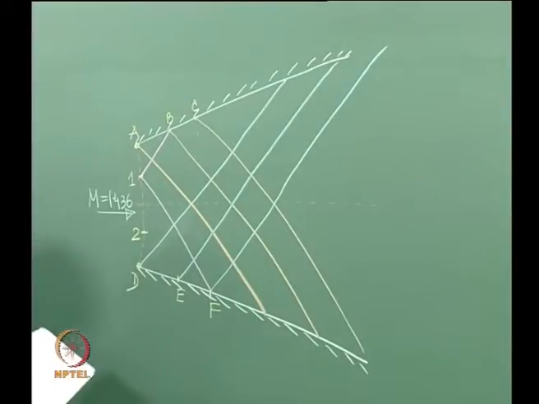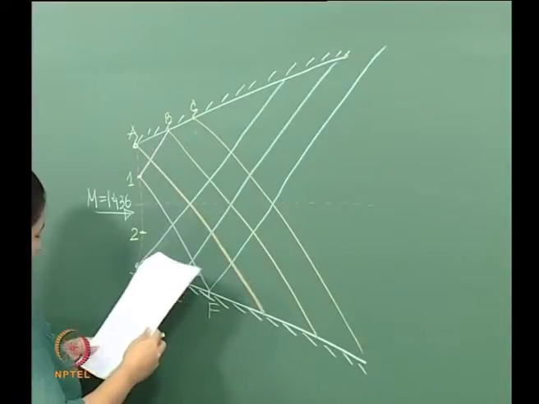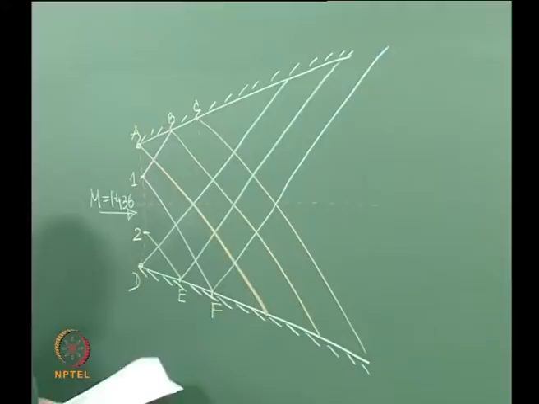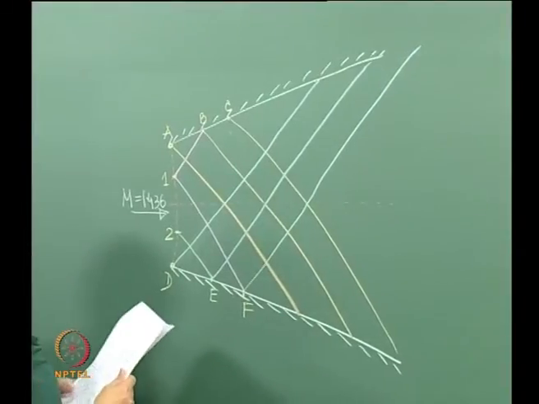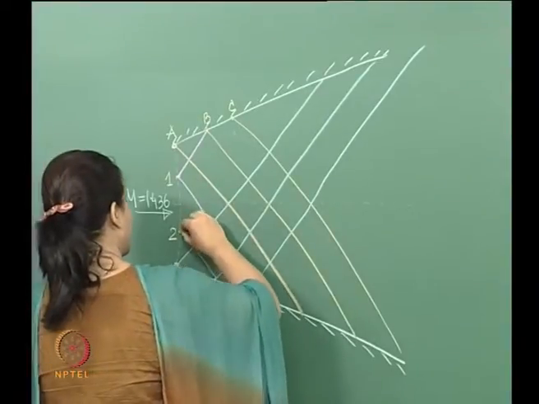Then we have 2 goes through E. So we have this series where 2 goes through and goes through to C.